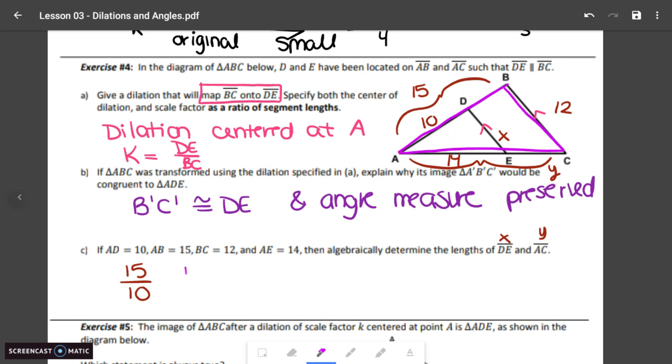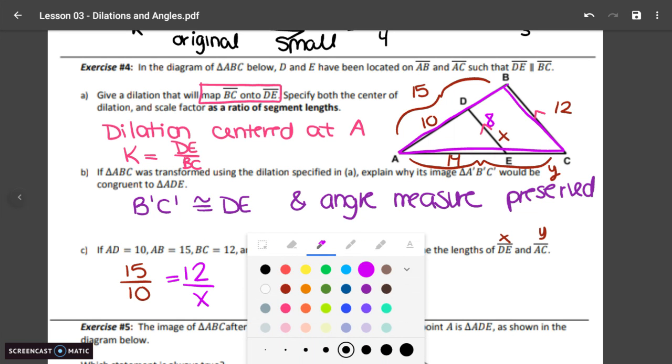So I'm going to put the 12 on top. And x is part of the smaller piece like the 10 was, and now I can just cross multiply. So we would get 15x equals 120. And when I divide both sides by 15, I'm going to get 8. So I know 8 for this side.